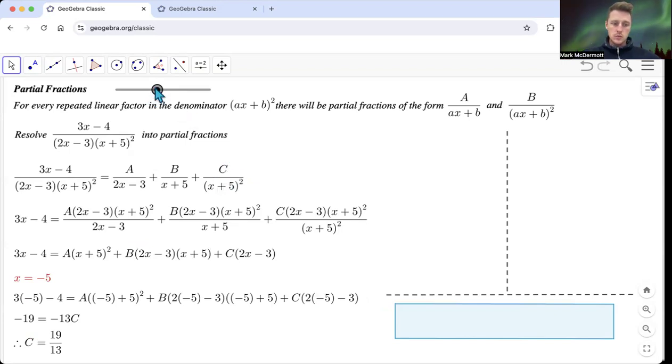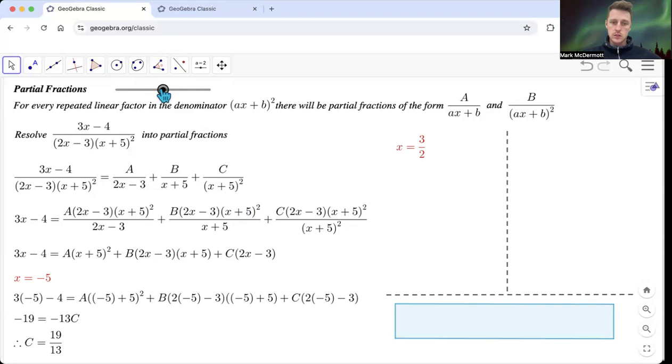Okay, now we're going to pick another x value. First we picked x equals -5. Now we're going to pick a different one. I encourage you to think about what we should pick, but a good number to pick would be whatever's going to make this bracket 0. So if we picked 3 on 2 as our next x value, that would be a good idea, because that's going to cancel this one out and this one out.